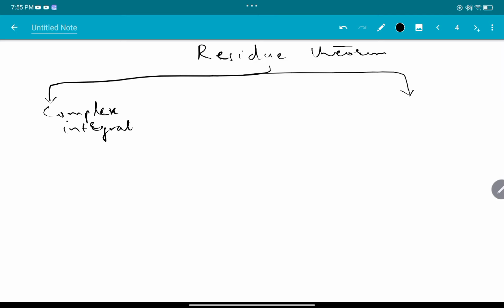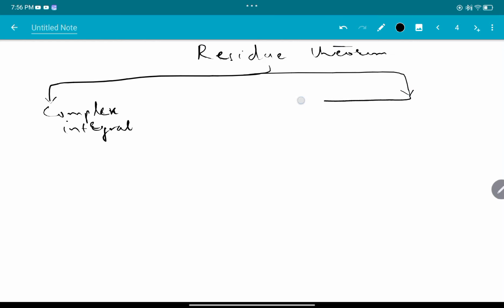Surprisingly, that is not true. In fact, the converse is true. Complex integration is much simpler as compared to real integration. That is why real integrals, especially definite integrals, are evaluated using this residue theorem, and you will see here how they are evaluated.